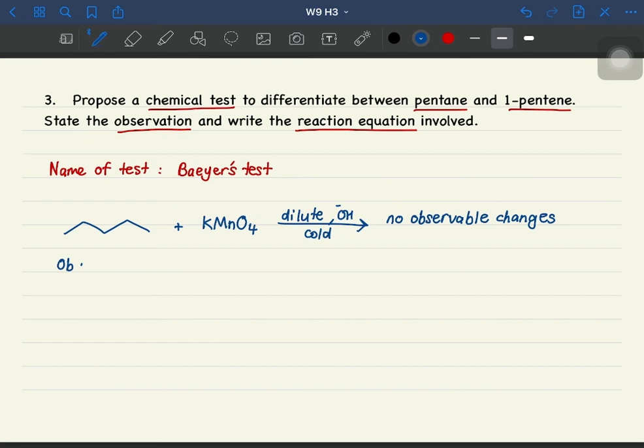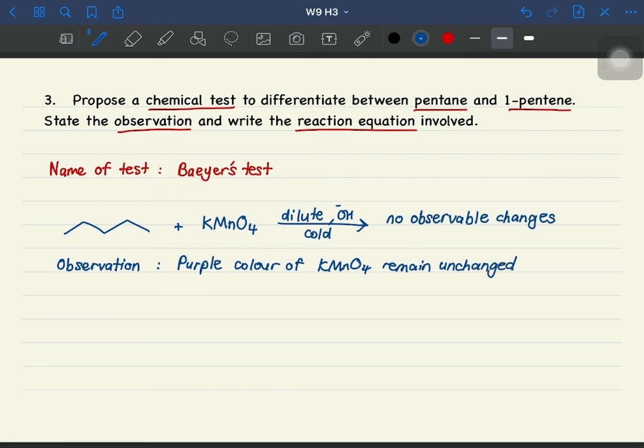Since we are using the KMnO4 solution of purple in color, we're going to see that the purple color of KMnO4 remains unchanged. So that's the first observation for our pentane.